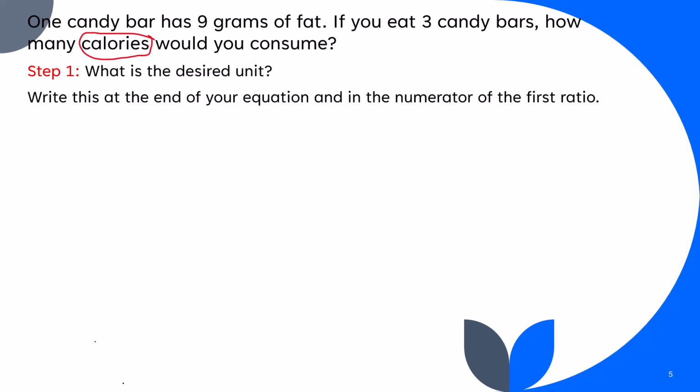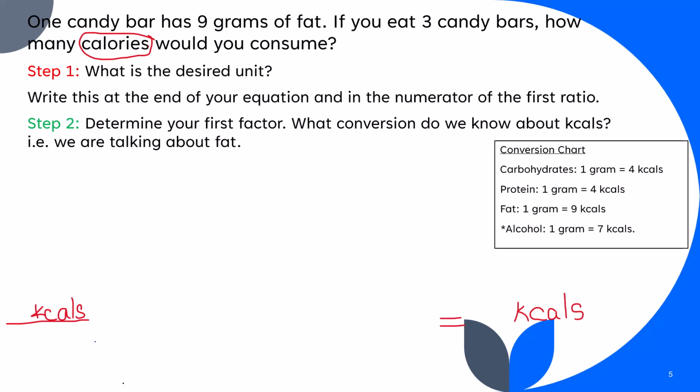We write this at the end of the equation and in the numerator of the first ratio. Step 2. Determine your first factor. What conversion do we know about calories? In this question, we're talking about fat. So let's look in our conversion chart and see 1 gram of fat equals 9 calories. So we write this in our first factor, 9 calories over 1 gram.